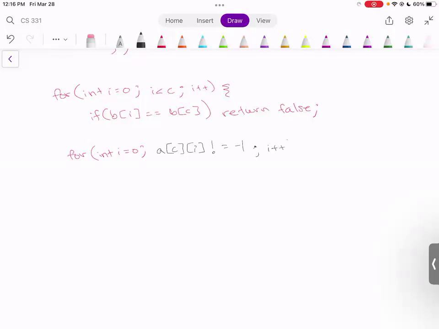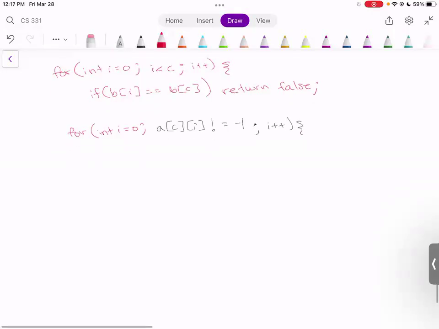I can keep going. Okay, because if it equals -1, then there's just no point in me continuing to move on. And then I say if the absolute value of b of a sub c sub i minus b sub c, and we'll go through all of this, equals 1, right?